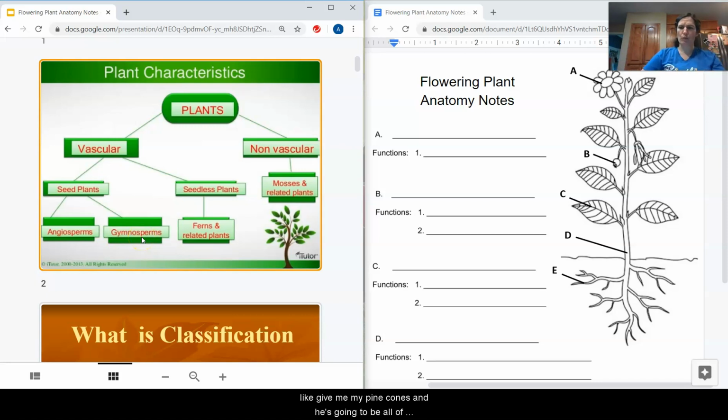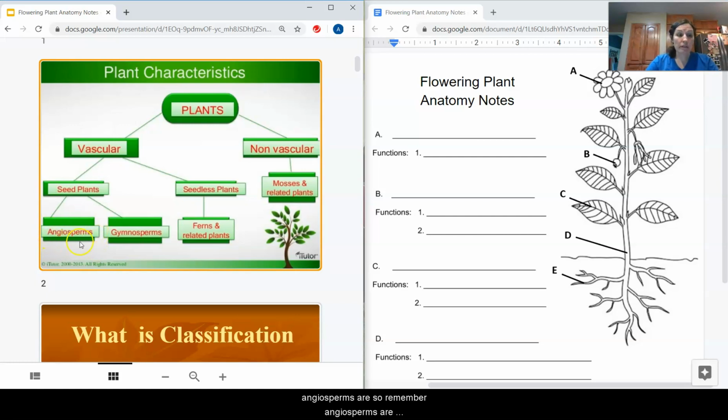And so he's going to be like, give me my pine cones. And he's going to be all of your, like your nuts, like pecans, peanuts, all of those kinds of things. So that's going to be gymnosperms, kind of rough and tough, but again, has seeds. Angiosperms are going to be your flowers and fruits and very feminine, kind of, is how I remember them.